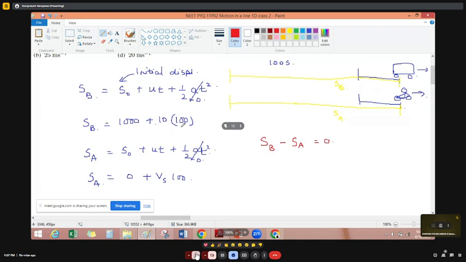That means this will be 1000 plus 1000, so it will be 2000 minus Vs into 100. So Vs will be equal to 20.